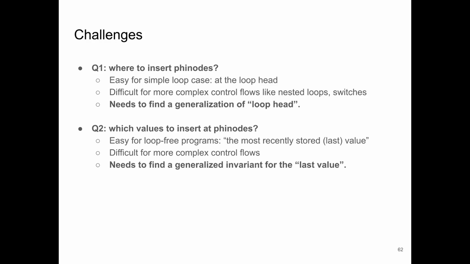But what if the program has more difficult control flow structures? How do we deduce what the most recently stored values are? We need to answer this question by finding a more generalized invariant for such a last value. So we need to capture the idea of loop head and last value in a very organized concept of control flow graphs.